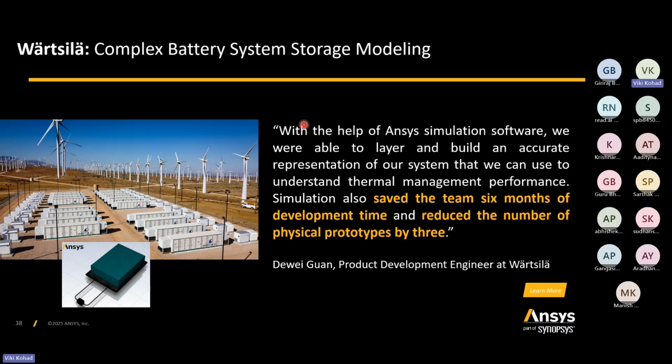By using digital twins, they mention they saved 6 months of development time for their battery system, and reduced the number of physical prototypes by 3. Means they reduce their physical prototype cost by 3 times. Suppose one physical test costs hundreds of dollars, then they basically save $300.